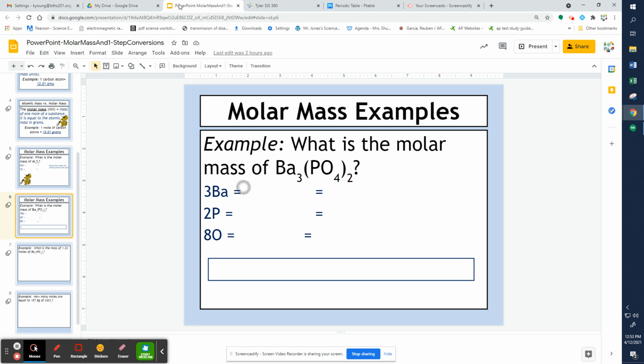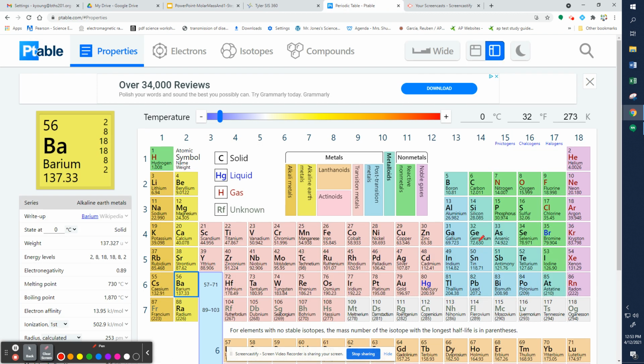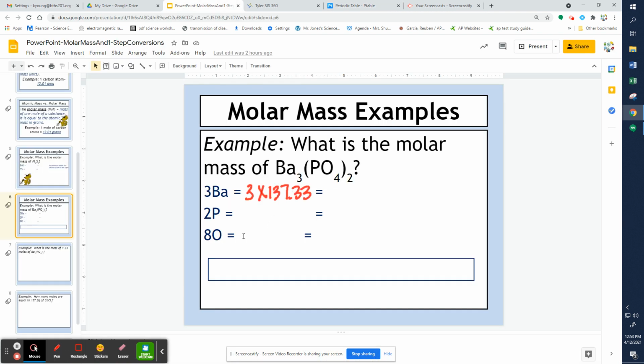So I have 3 times 137.33. For phosphorus, I have 30.974. So 2 times 30.974.